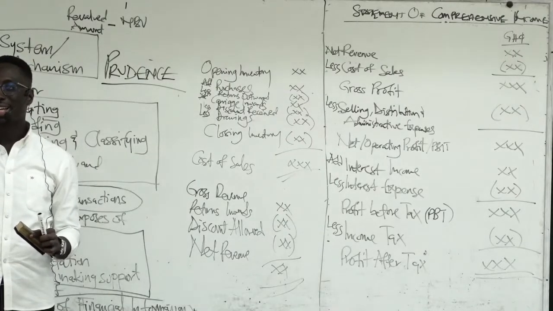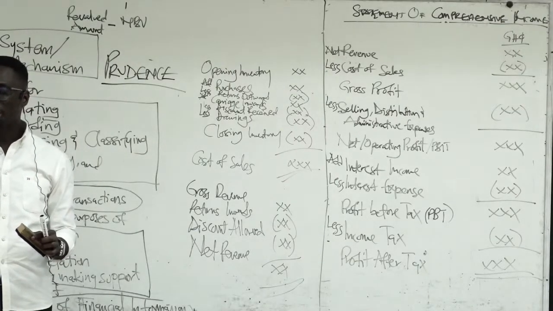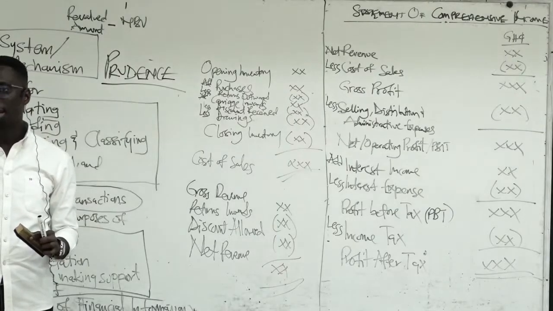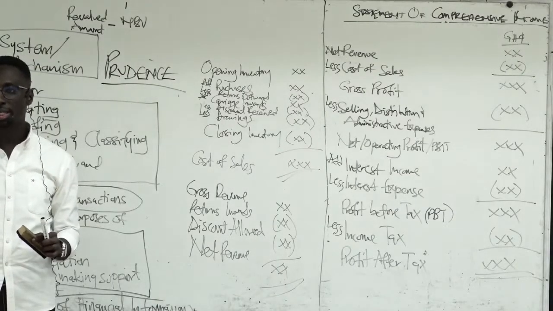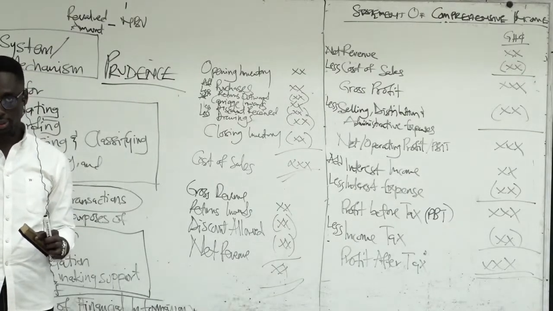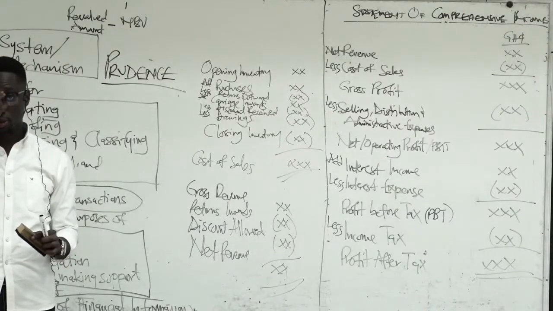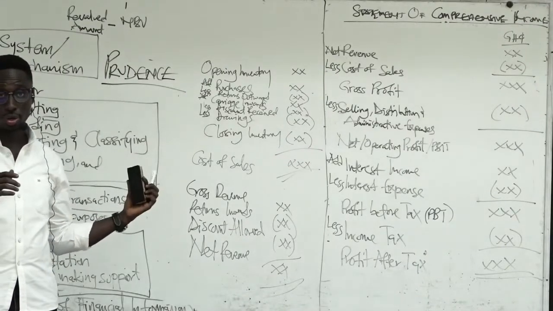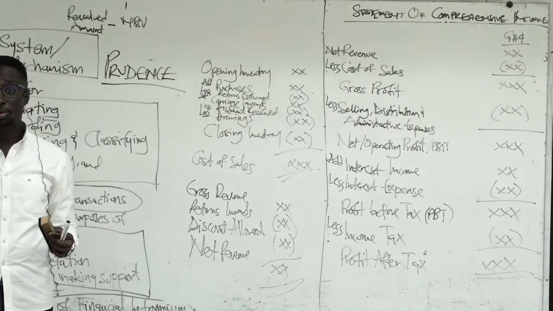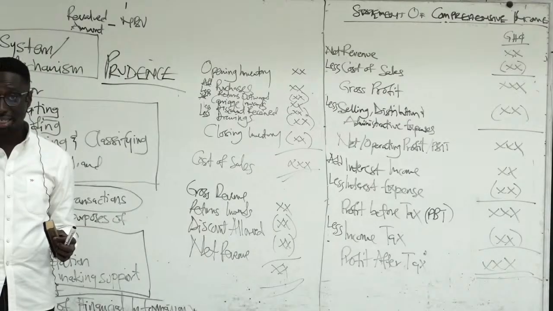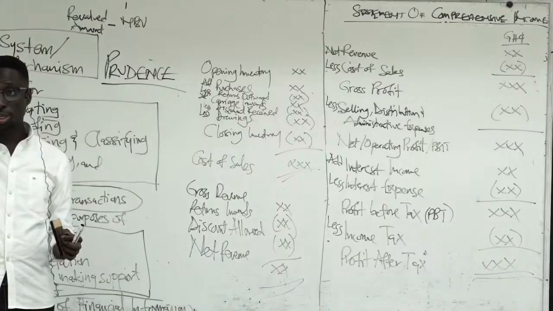Recognize a transaction when it occurs and not when payment is made in respect of it, all right? And so that's why we had the accrual concept. And prudence says be realistic about your earnings and your expenses. And I'll give you a typical example.